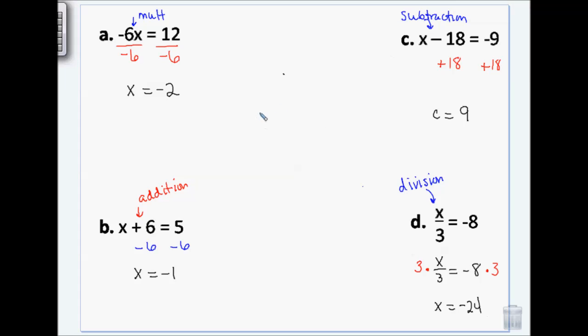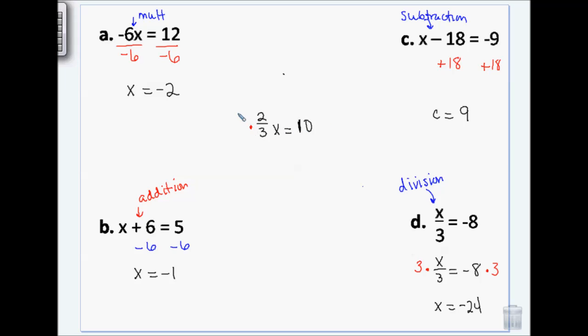Now, in single-step equations, you might also get things like this. Now this can be done in a single step.